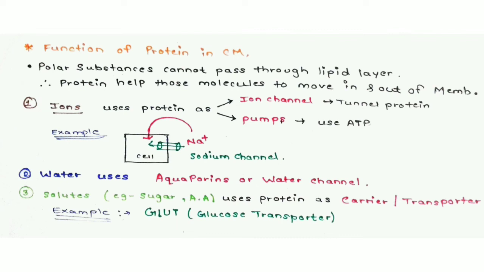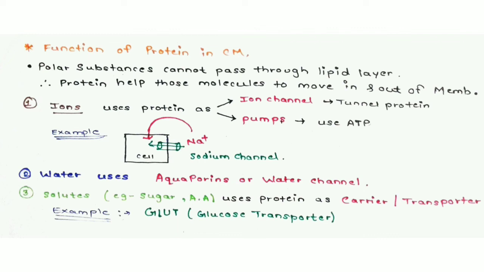Like consider the example, there is a cell and sodium ion wants to go inside, so it will go through the sodium channel because it is a polar substance, and only proteins allow the polar substances to go through it, lipid does not.